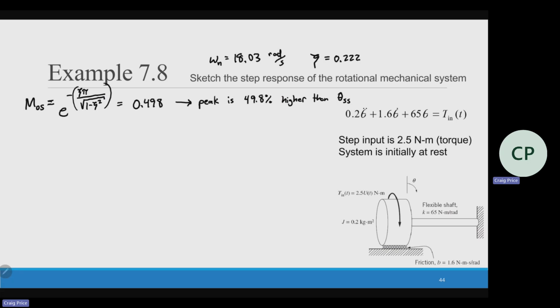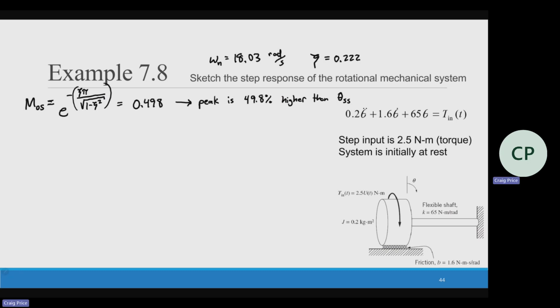That's what that maximum overshoot means. It's a percentage. 0.498, 49.8. So the first peak of the graph is going to overshoot the steady state value by about 50%.